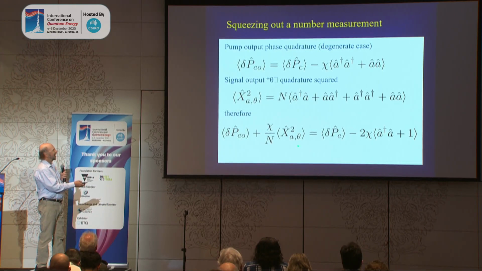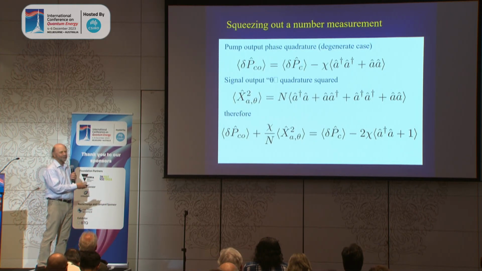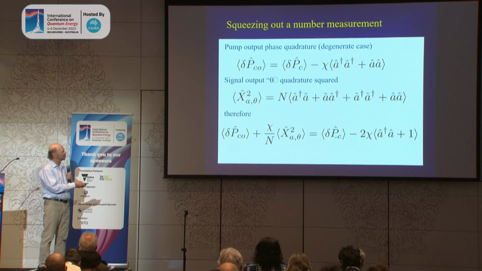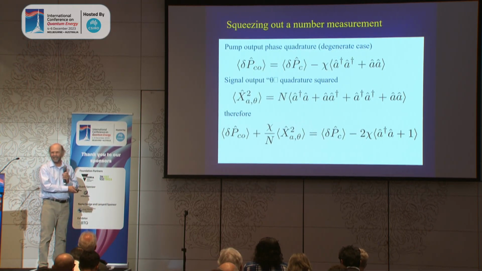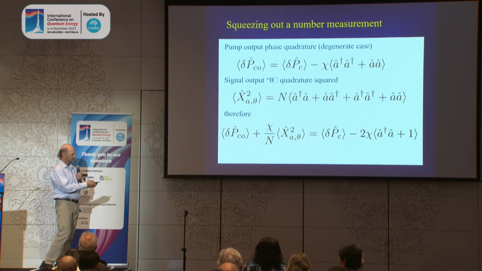Now, typically you'd be pumping with a coherent state, so this would be shot noise, and if chi is small, then that's going to be much bigger and it's going to swamp this discrete signal here, and you won't see anything.